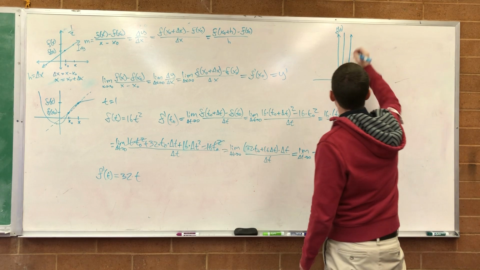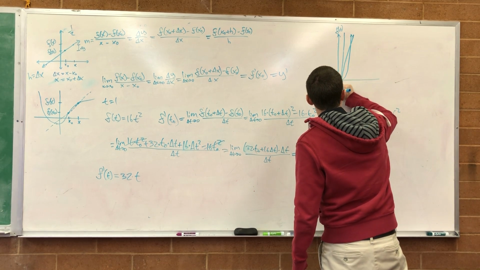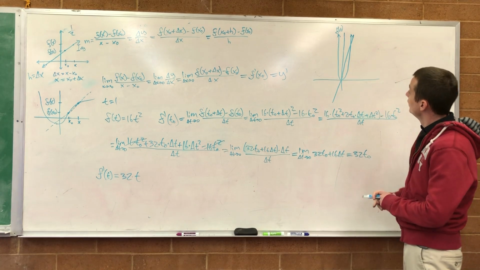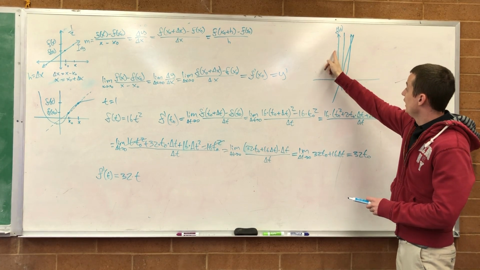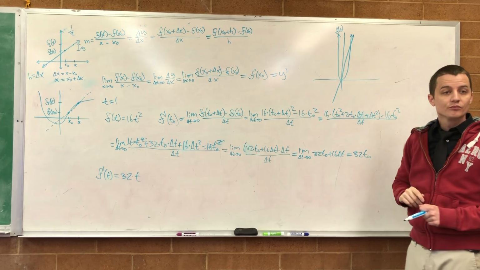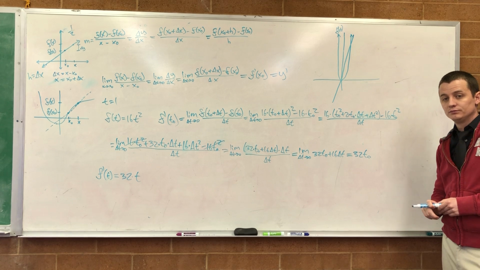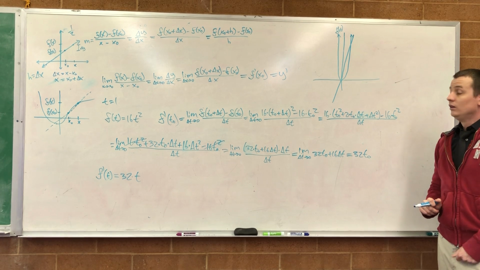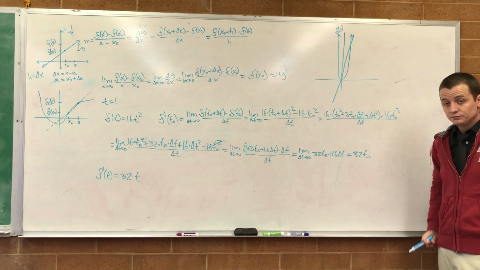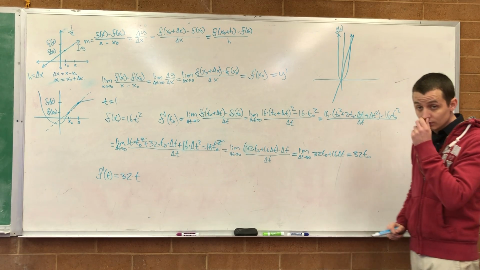The derivative then is a really steep line. And notice the slope over here is really, really negative, and it's increasing, increasing, increasing, 0 right here, and then it gets really, really positive. So it doesn't matter what number you put in for the time, you do 1,000, then the slope is always 32.